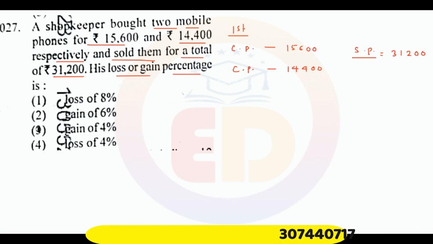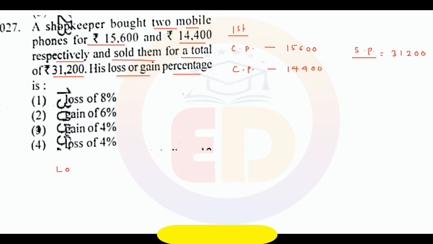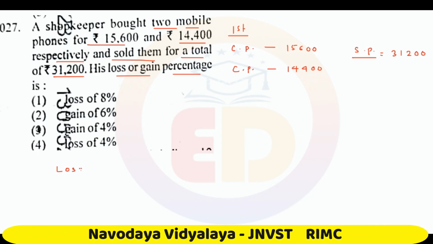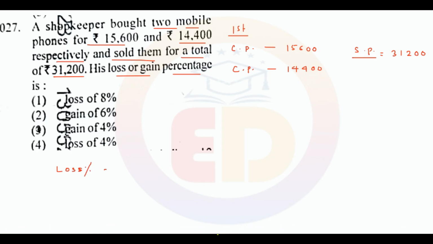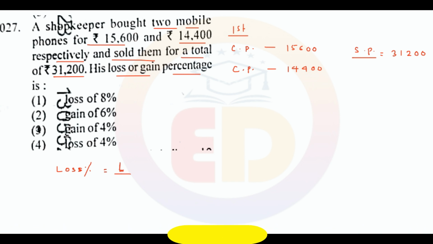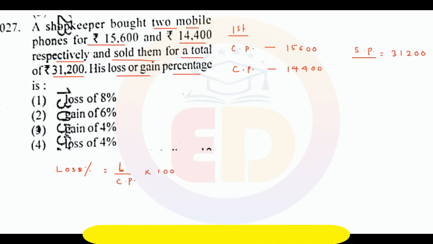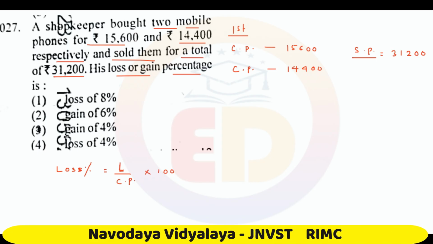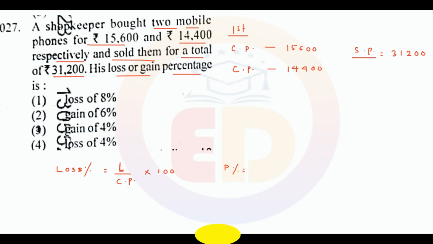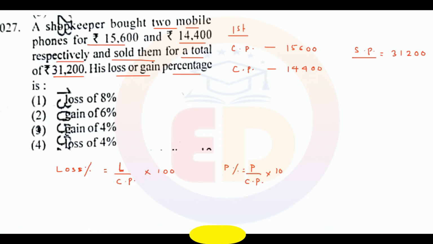Now the formula of loss or gain percentage is loss percent is loss upon CP into 100, and profit percent is profit upon CP into 100.